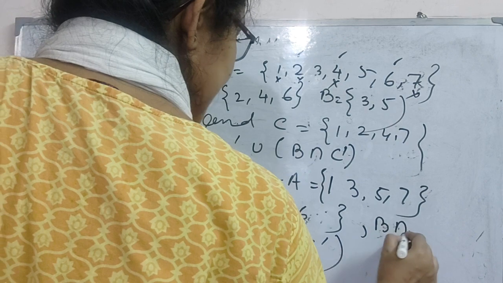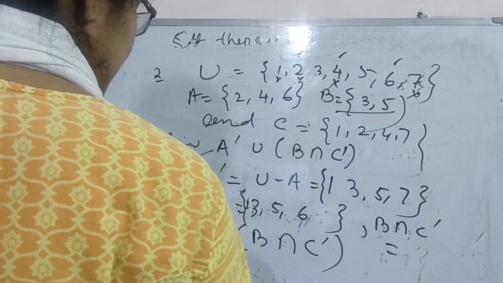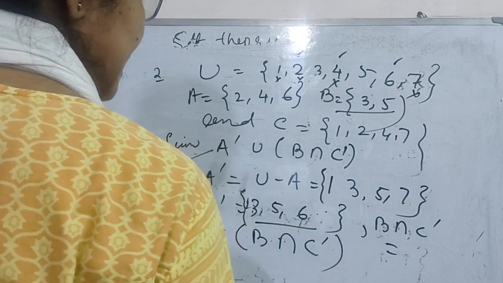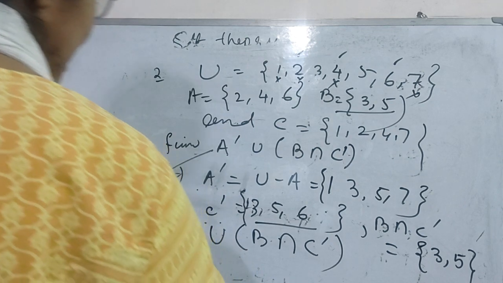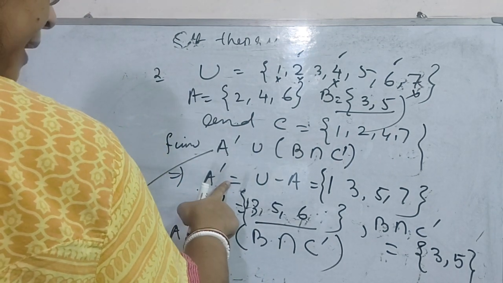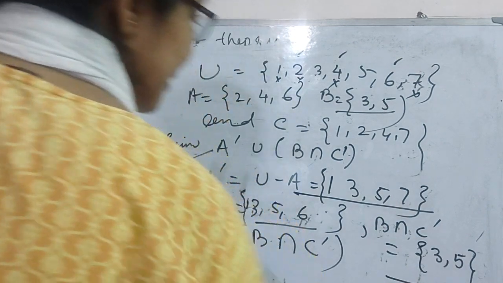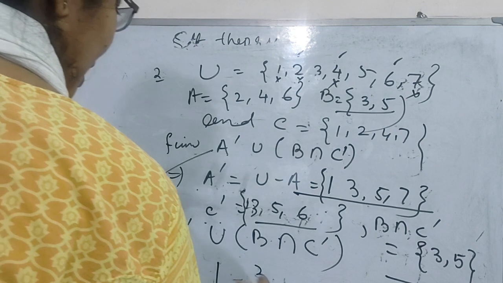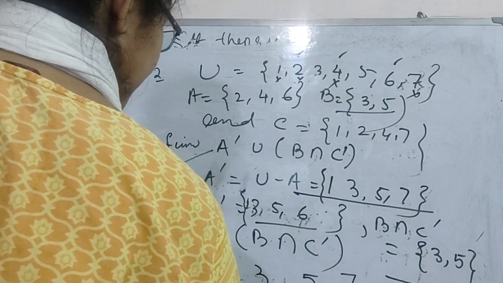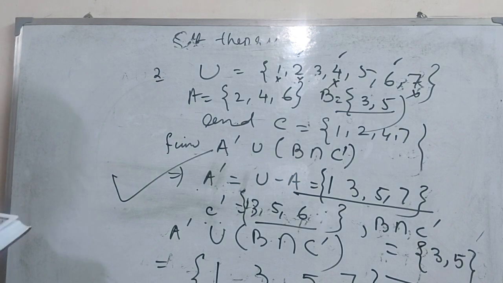Here B intersection C complement is the intersection, which means only 3, 5. So A complement union (B intersection C complement) is 1, 3, 5, 7. Okay.